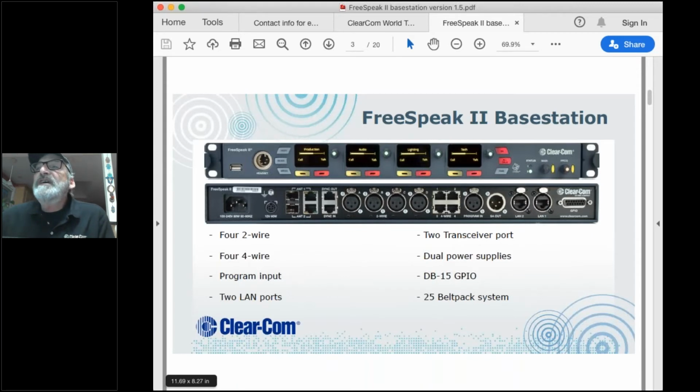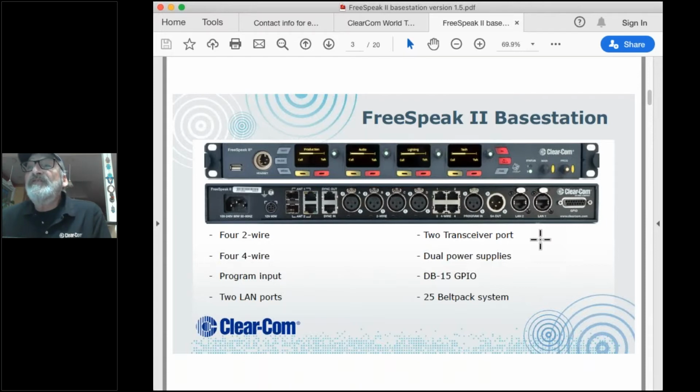Just between the stage announce and the DB15, you'll see there's a LAN 1 and a LAN 2 port. Those 2 Ethercon connectors have RJ45 connections so that you can connect your base station to your computer or into a network so that you can control the software.